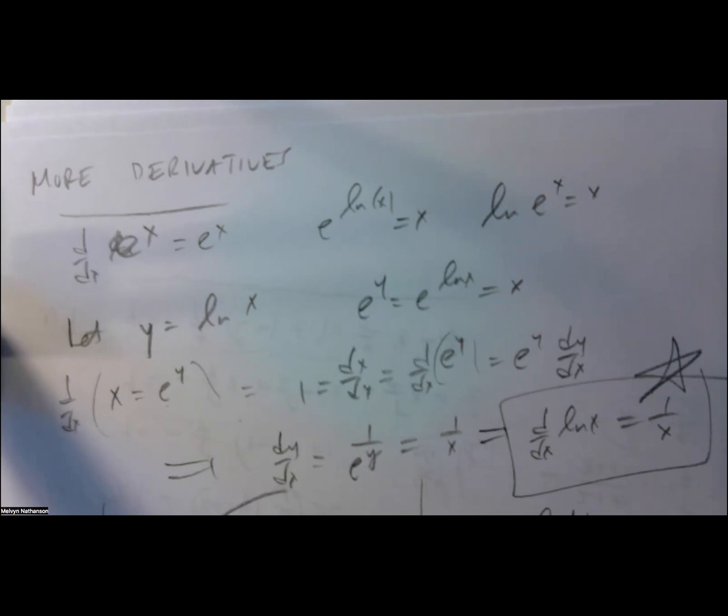So for the function log of absolute value of x, the derivative is 1 over x. This is positive if x is positive, and negative if x is negative. This is all done legibly and very nicely in the text.